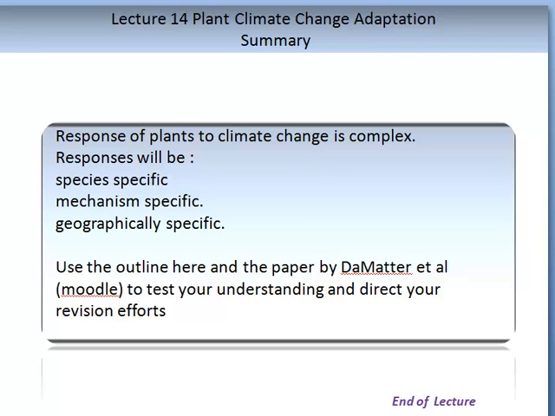Photosynthesis may respond differently to a set of climate inputs than respiration. And an oat plant grown in Florida may respond quite differently to an oat plant grown in Australia in future climates. And this is because different geographical locations will have different climate inputs.